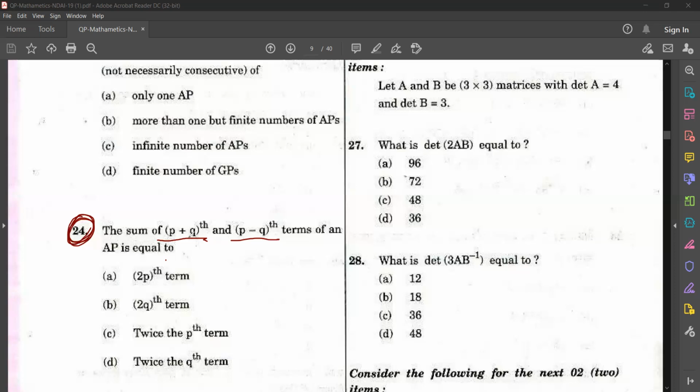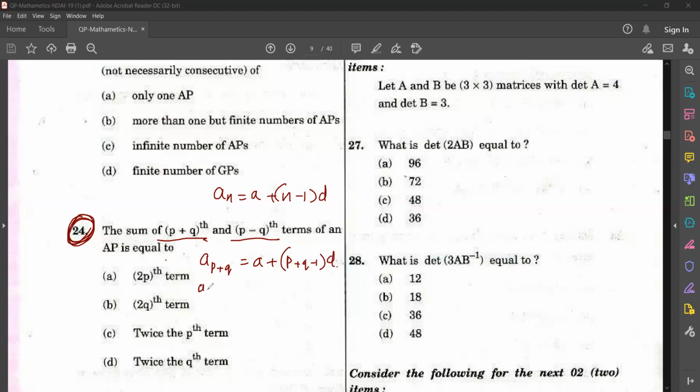What is the general formula of nth term? Nth term an is equal to a plus n minus 1 into d. So what is the p plus q-th term? The p plus q-th term means that will be a plus p plus q minus 1 into d.